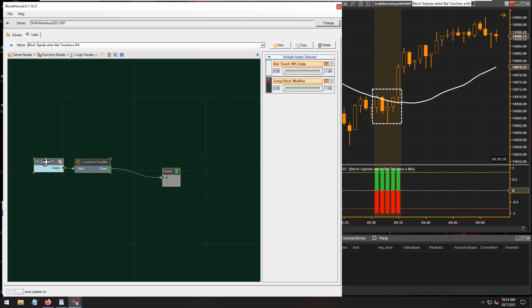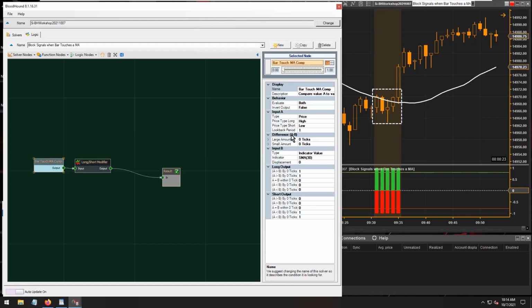So again, if we look at the solver here, I'm comparing the high to the moving average. So if the high is above the moving average, we're getting a long output. And then the short output, if the low price is below the moving average, then we're getting a short output, right?